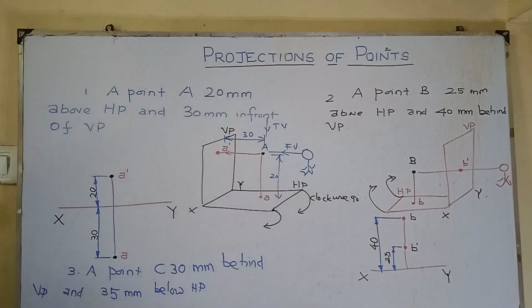Draw its projections. The point C is 30 mm behind VP and 35 mm below HP.